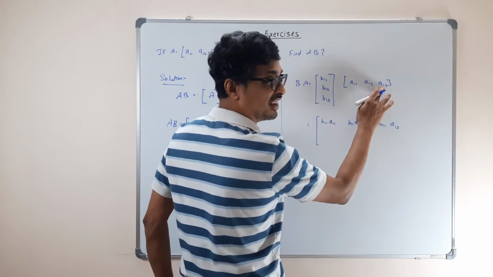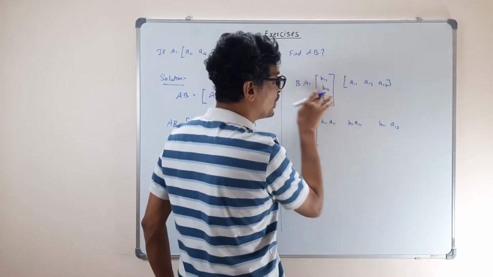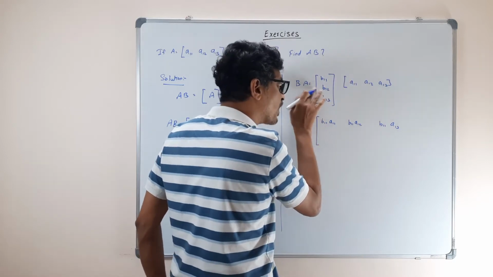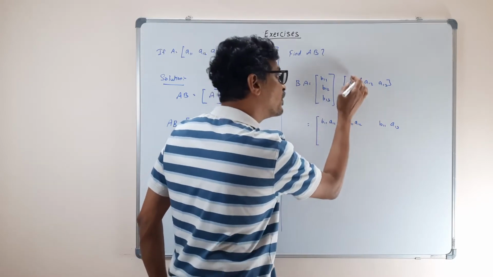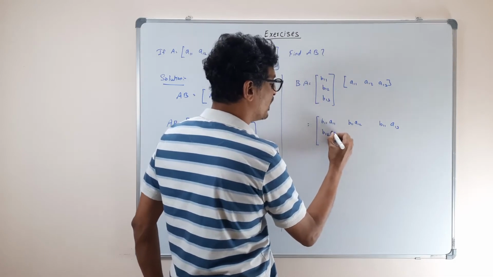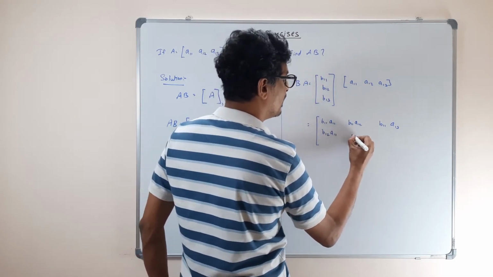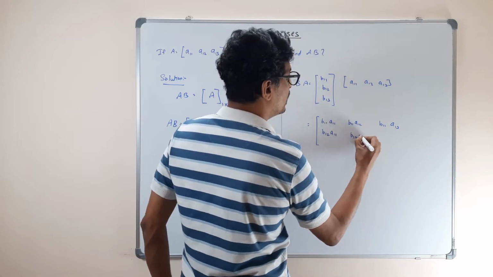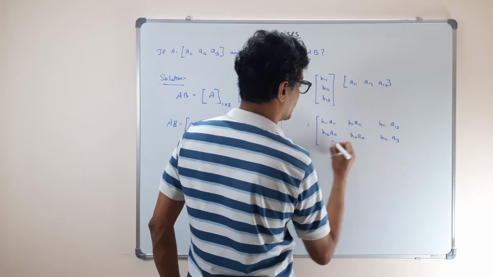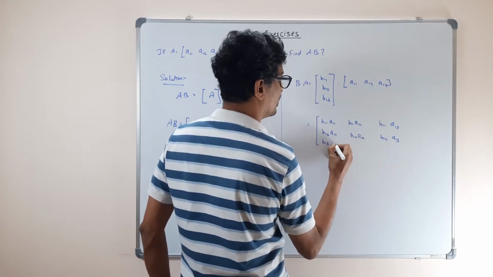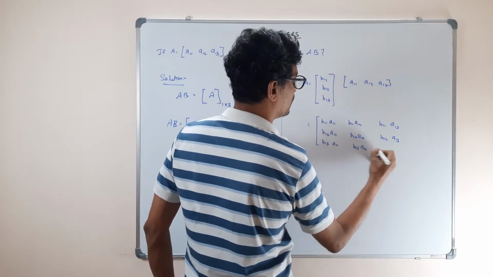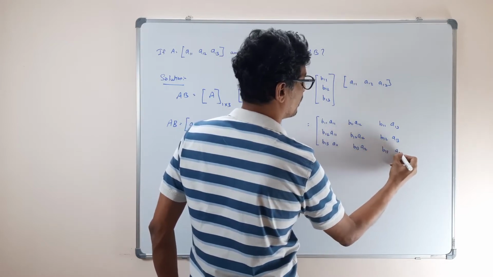Next one B11 A12, B11 A13. Similarly for B12, there's only one element in the row and only one element in the column. Second row it will be B12 A11, B12 A12, B12 A13. Then B13 A11, B13 A12, B13 A13.